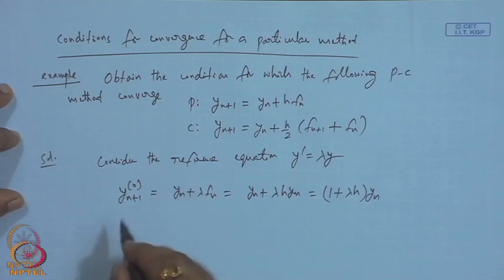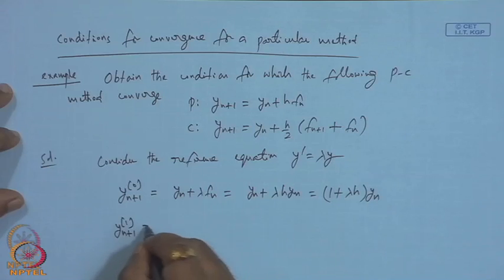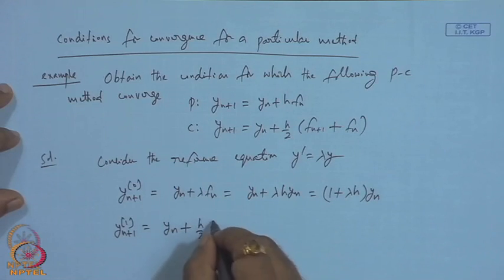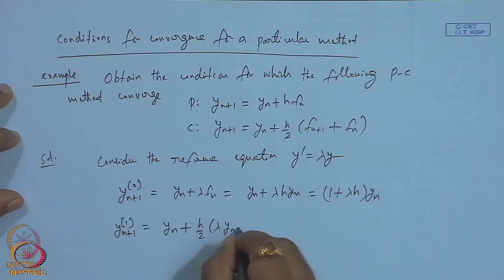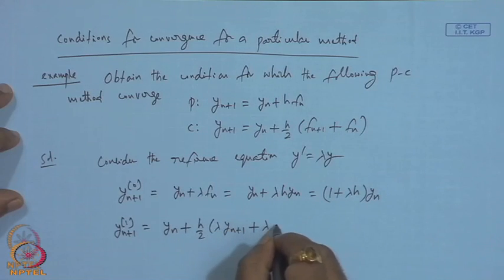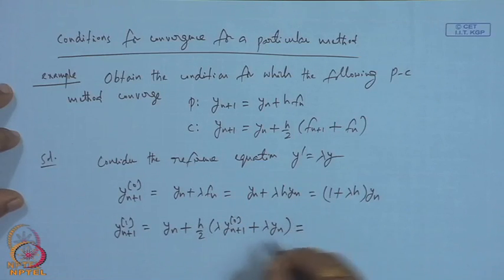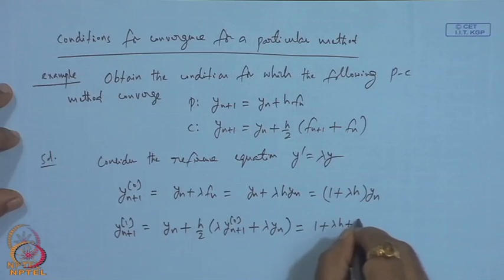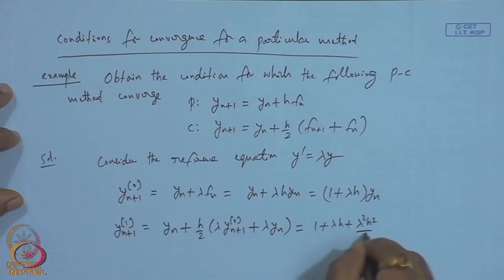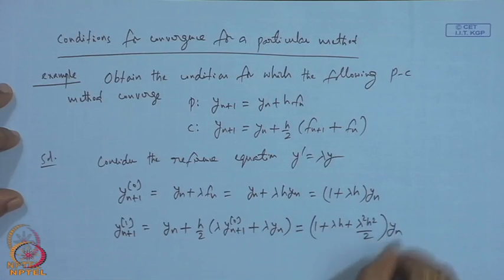So, this is a prediction. Now, correction, so naturally this corresponds to prediction, but we have predicted. So, we substitute. So, then we get, okay.